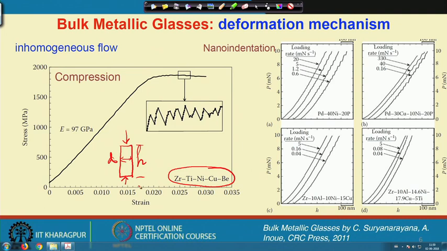Cylindrical samples you can take, and we monitor the variation of stress and strain. We can see that the material yielded showing an elastic strain of somewhere around 2%, which is almost 2 or 3 times higher than any conventional crystalline alloy. So, a very high elastic strain limit can be achieved.